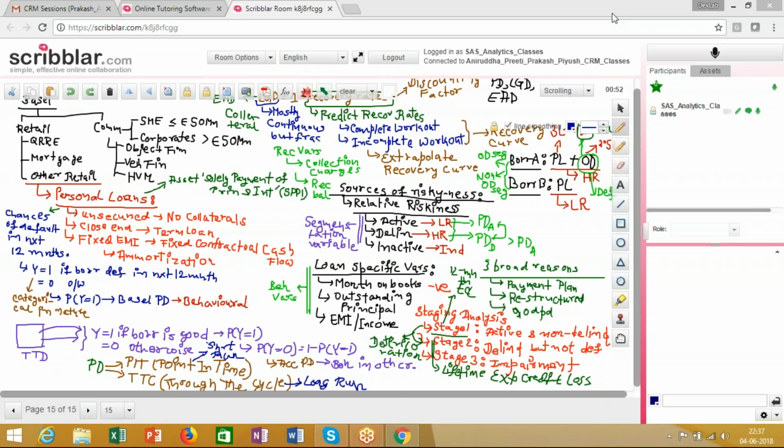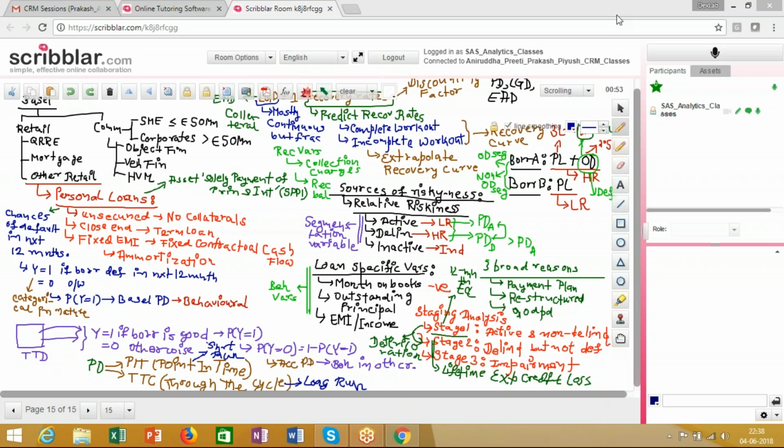So basically, in products like personal loans, credit cards, etc., it becomes very difficult for us to find variables which are through the cycle in nature, right? So most of the variables are point in time variables. Therefore, after developing a point in time model, what we need to do is convert it into a through the cycle model. So that is where the role of the PIT PD and the TTC PD comes in.